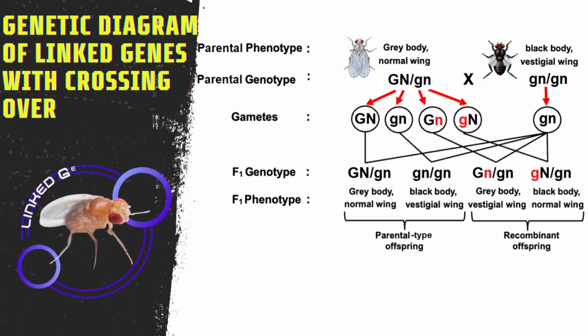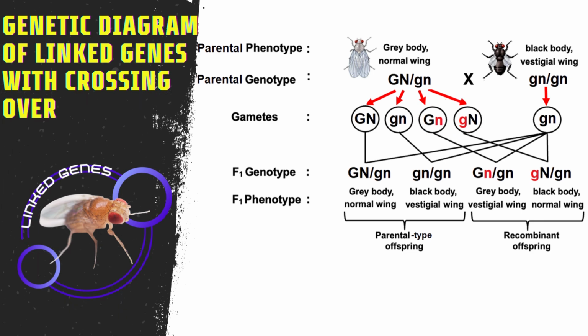This slide shows a genetic diagram of linked genes with crossing over. It illustrates how two genes located on the same chromosome may still be separated due to crossing over between non-sister chromatids during prophase 1 of meiosis. Although the genes are linked, crossing over can produce recombinant gametes, but only in small numbers.